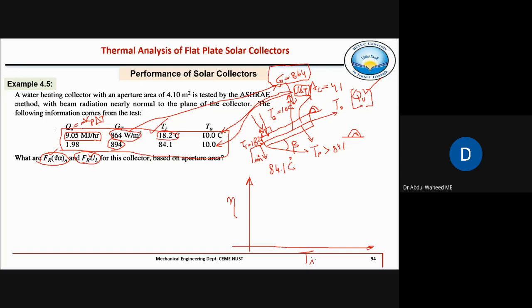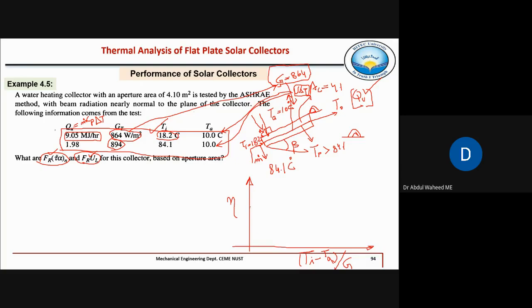In the ASHRAE method, the x-axis is TFI minus Ta divided by G. In the European method, they use TFM, the mean fluid temperature, meaning To plus Ti divided by 2, the average temperature. So now on this graph, we can plot this data.